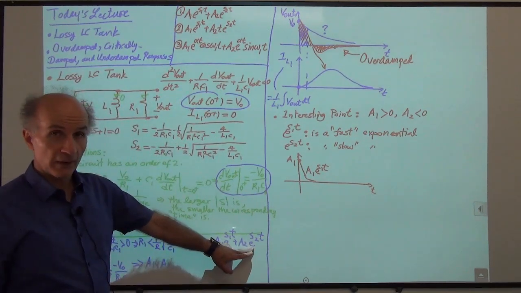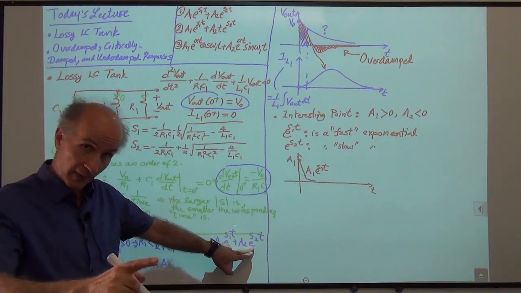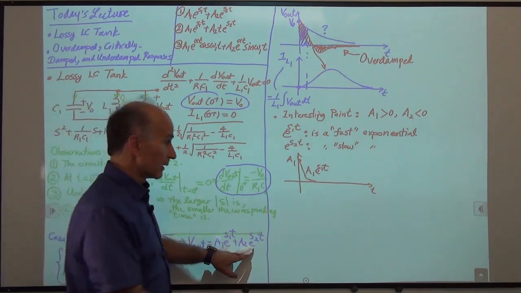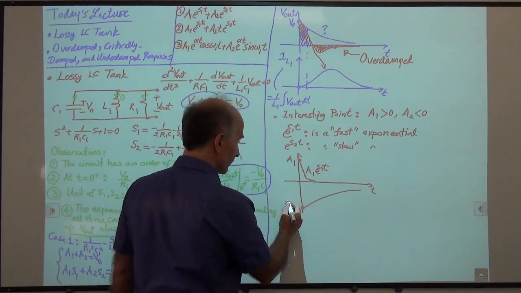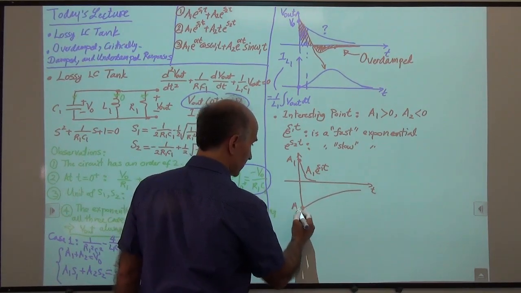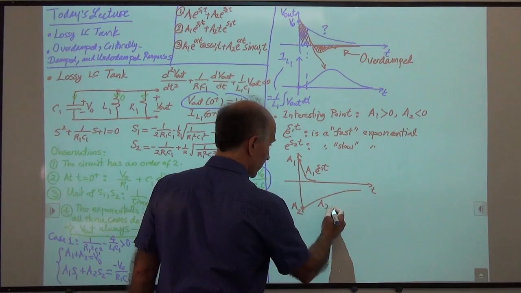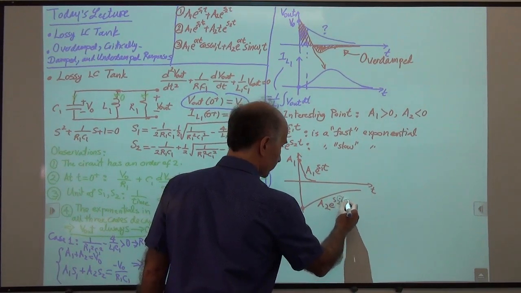A2 e to the S2t, on the other hand, is negative, because A2 is negative, and it's slow. So what that means is that it goes like this. So that's A2, and this is A2 e to the S2t.